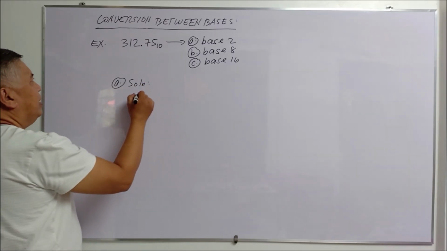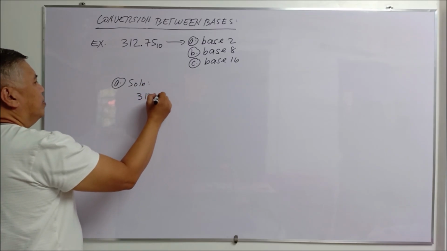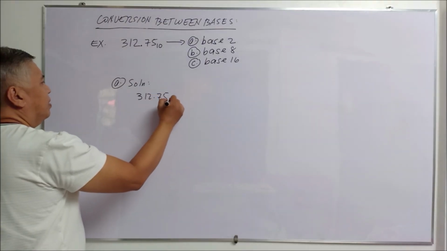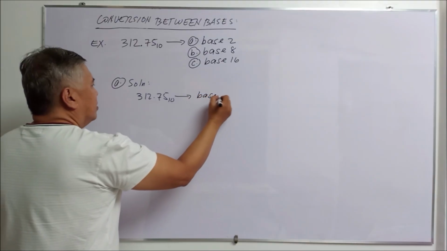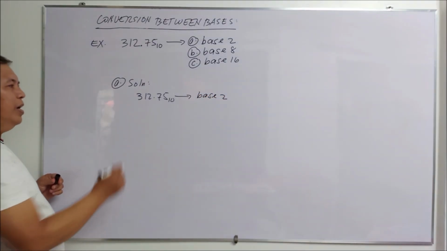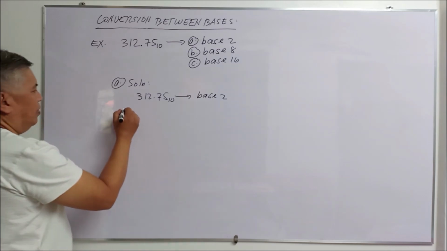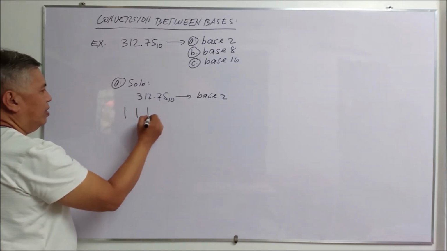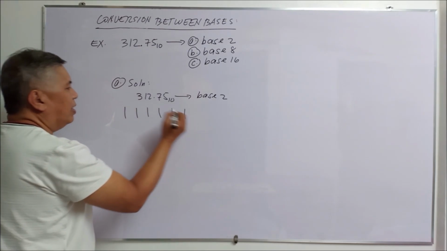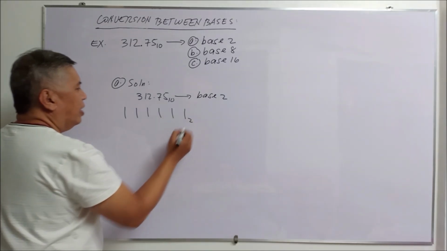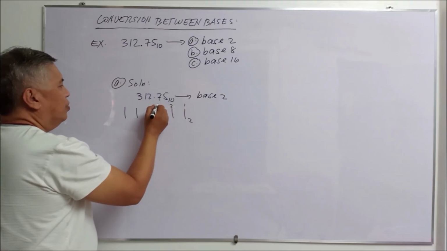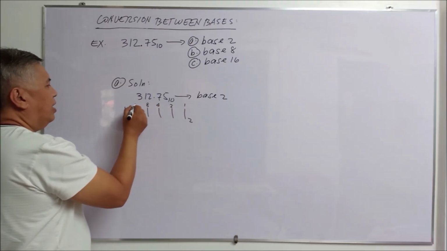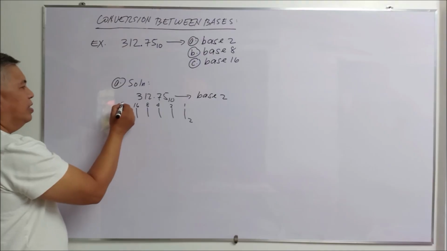So you have 312.75 of base 10 to base 2. So again, you make a series of 1s: 1, 1, 1, 1, 1, 1, base 2. Okay? So this is, again, 1, 2, 4, 8, 16, 32, 64, 128, 256.